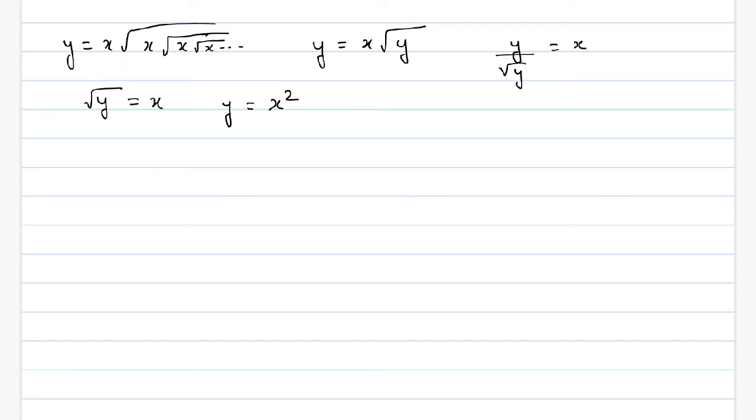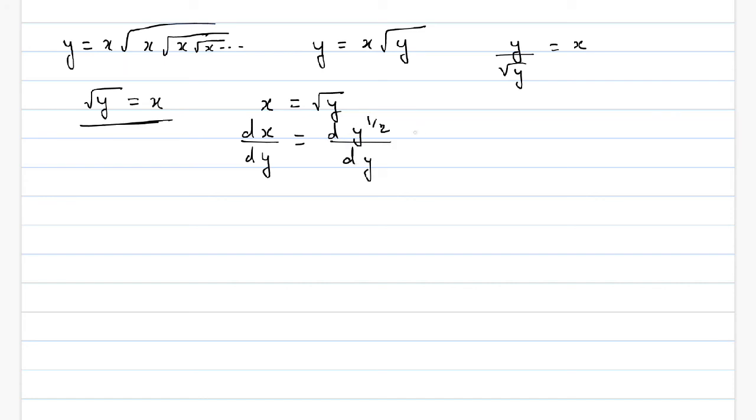So I am getting y in terms of x. Even if we do not get y is equal to x square in this traditional manner, what we can do is we can differentiate this by assuming we have x is equal to under root of y, and now we are differentiating our x, so we are finding dx by dy by differentiating with respect to y. So differentiation of y raised to half with respect to y is nothing but half y raised to half minus 1.